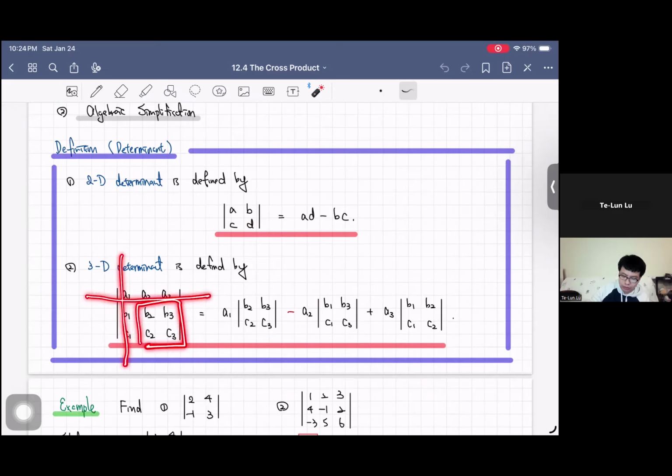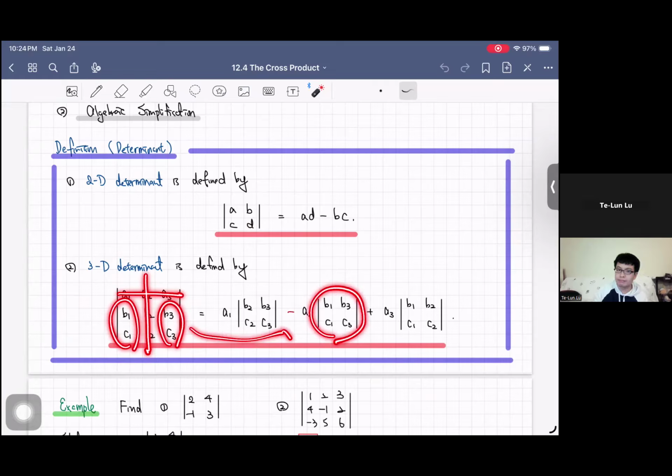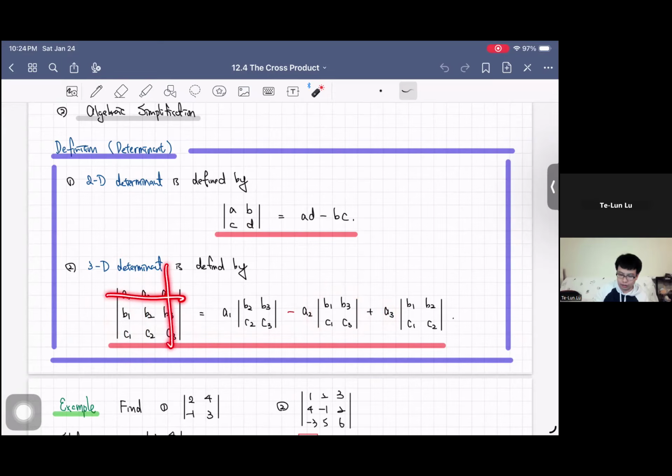The remaining 2 by 2 determinant is put here: B2, B3, C2, C3. Similarly, for A2, we eliminate the first row and the second column, so you get B1, C1, and B3, C3. And lastly, for A3, we eliminate the first row and the third column, so B1, B2, C1, C2.